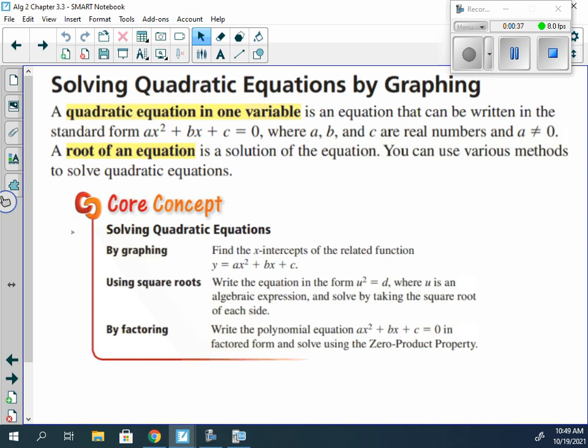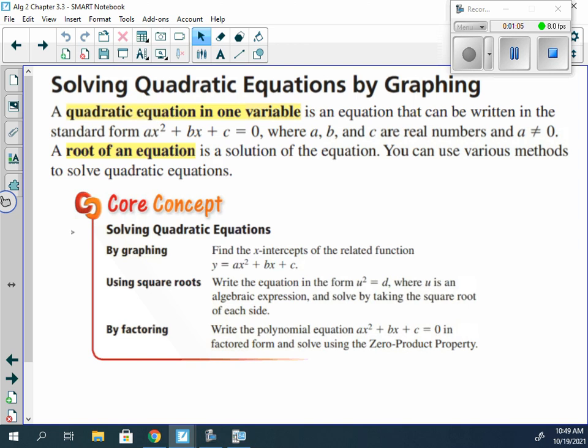Now, a quadratic equation in one variable is an equation that can be written in the standard form ax squared plus bx plus c, where a, b, and c are real numbers. They could be positive, negative, fractions, decimals, as long as a is not 0.